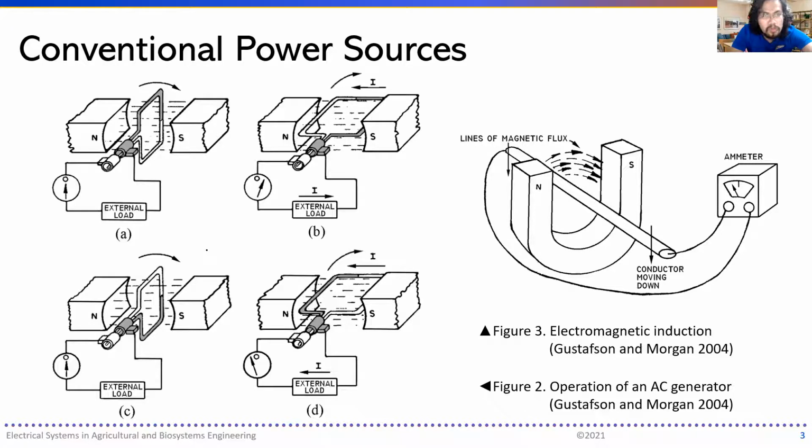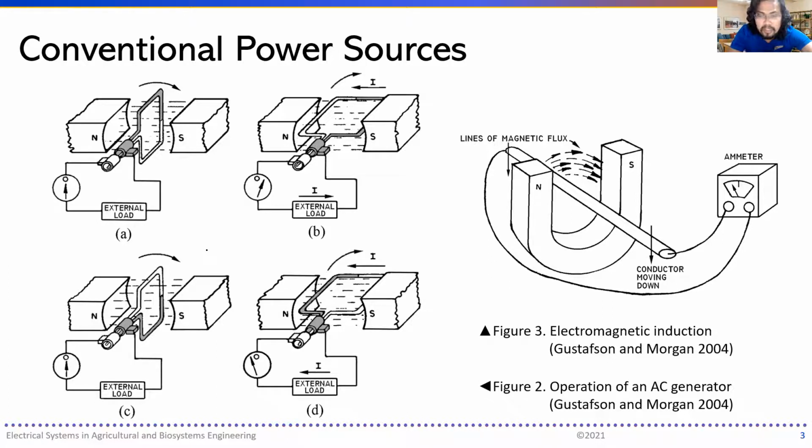Now we focus on what happens in the alternator, but before that, let's have the operational concept of AC generators, shown in figure 2. We have the concept of electromagnetic induction as shown in figure 3. This was first discovered by the self-learned Michael Faraday, but later explained by the British James Clerk Maxwell.